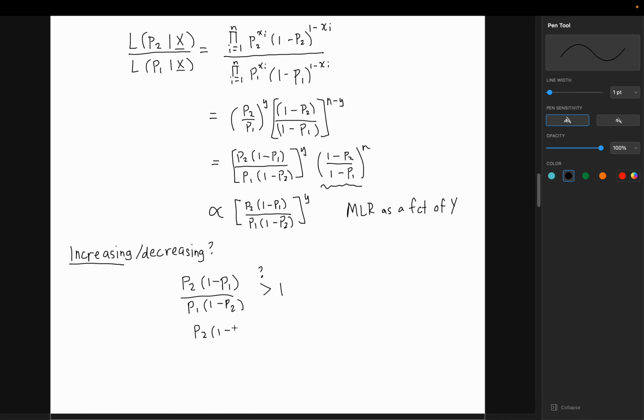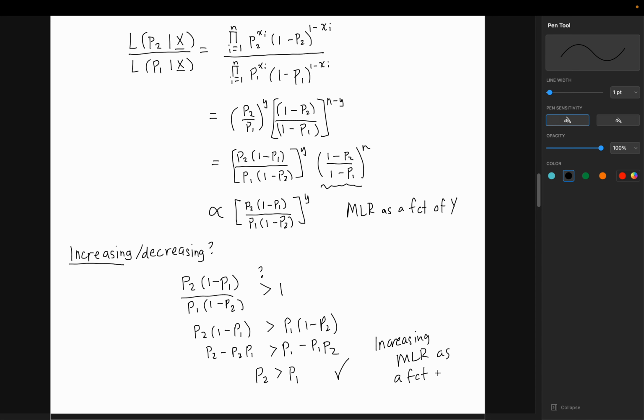I have p2 times 1 minus p1 greater than p1 times 1 minus p2, which gives me p2 minus p2 p1 greater than p1 minus p1 times p2. This gives me p2 greater than p1, which was something that I started off with. So yes, this relationship holds. I have an increasing monotone likelihood ratio as a function of y.